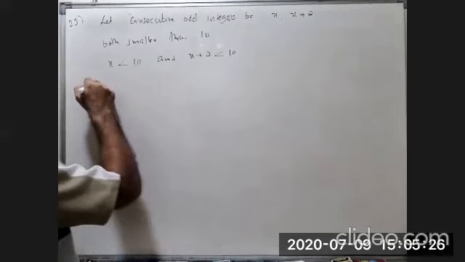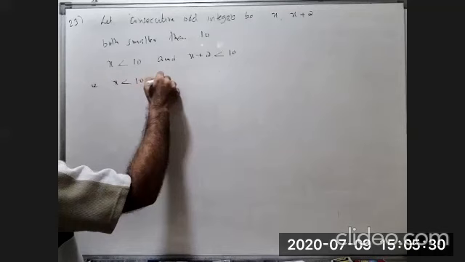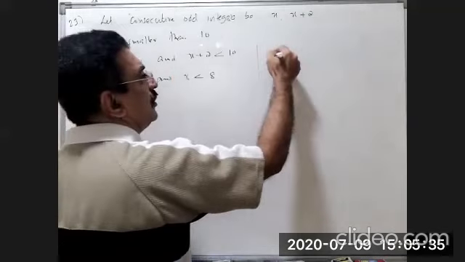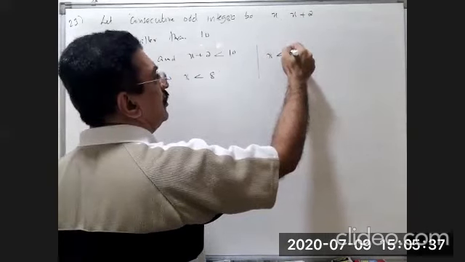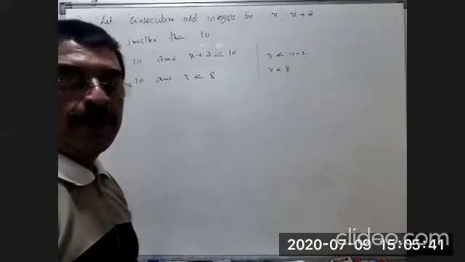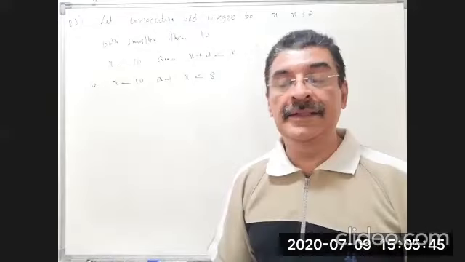That is, x is smaller than 10. x plus 2 less than 10 means x less than 8. Is it? x less than 10 minus 2, if you take 2 to the other side, x is less than 8. So x is less than 10 and x is less than 8.